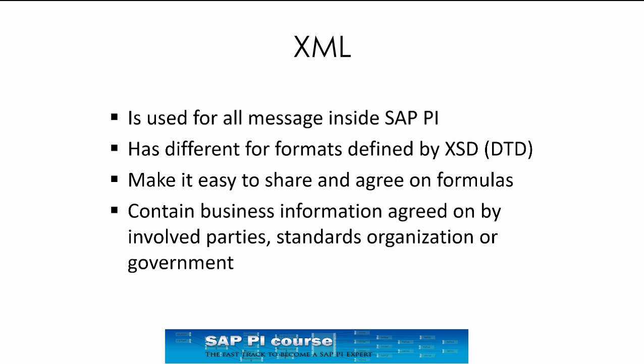The XML can be defined in different ways. It can be defined by an XSD, and this is the most common way at the moment. There's also DTD, which is an old format for describing XML, but it's not used that much anymore. You may end up getting a DTD from someone, and it works the same way.